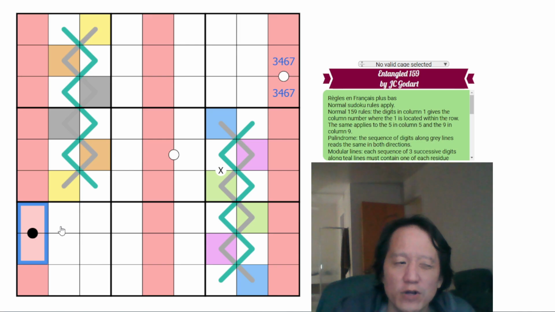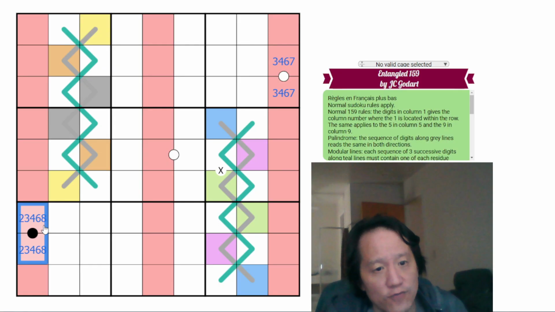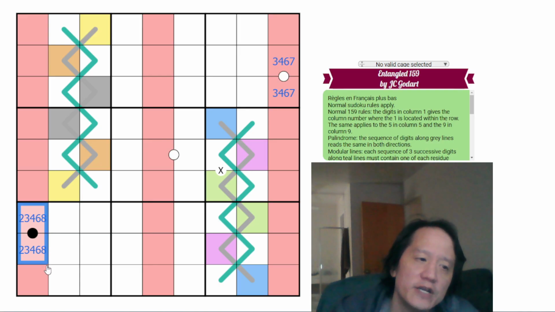It could still be 1. It can't be 1, 2. It could be 2, 4, right? Because it cannot have 2 from 1 through 3. So this could be 2, 4. It could be 3, 6, or it could be 4, 8. So any of those are still possible. And remember, they have to be on those 3 lines.